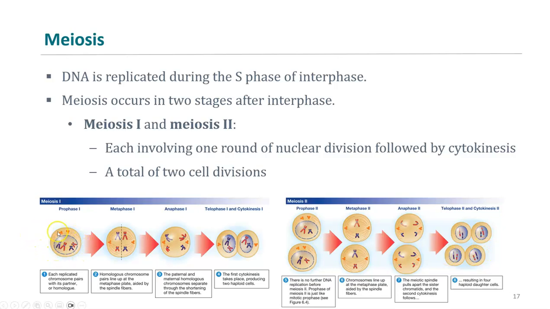Now notice at the beginning here of meiosis 1, we have 2 sets of chromosomes, or 2 homologous pairs. So we have 1 large set and 1 small set. But there's a total of 1, 2, 3, 4 chromosomes. And by the end of meiosis 1, we have 1 large, 1 small, in each nucleus.